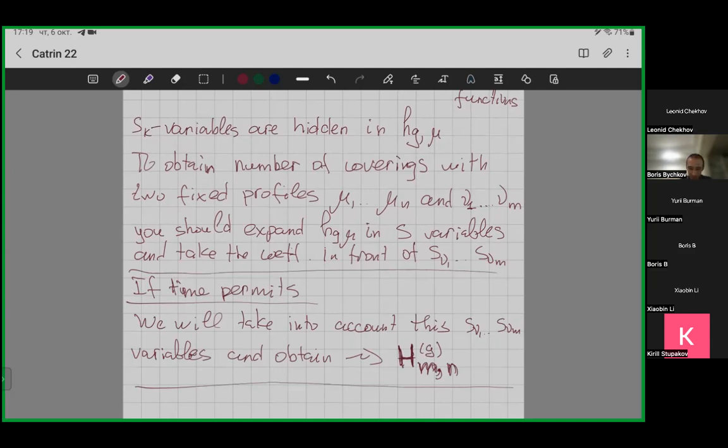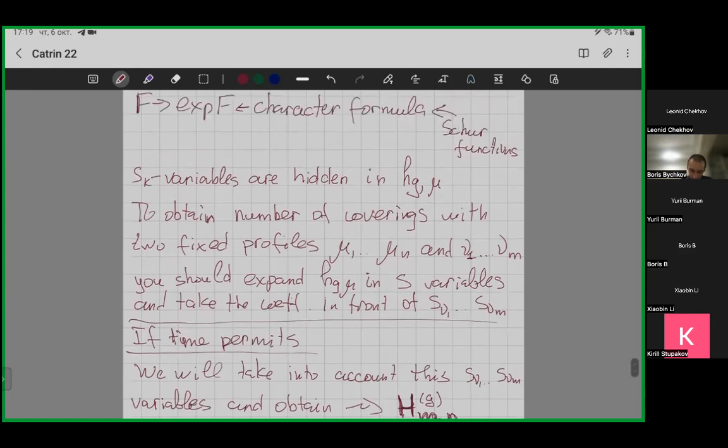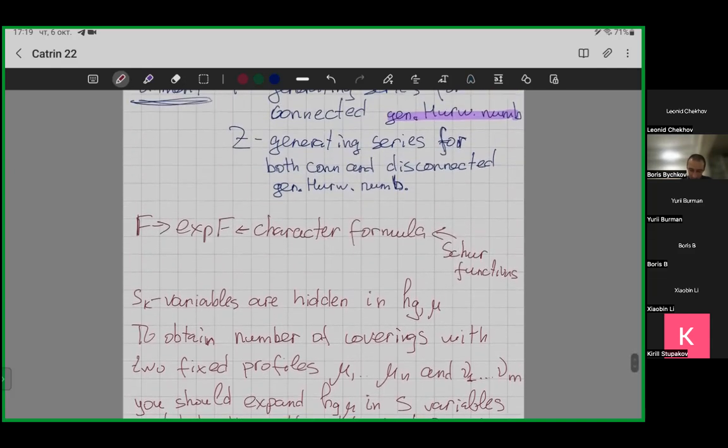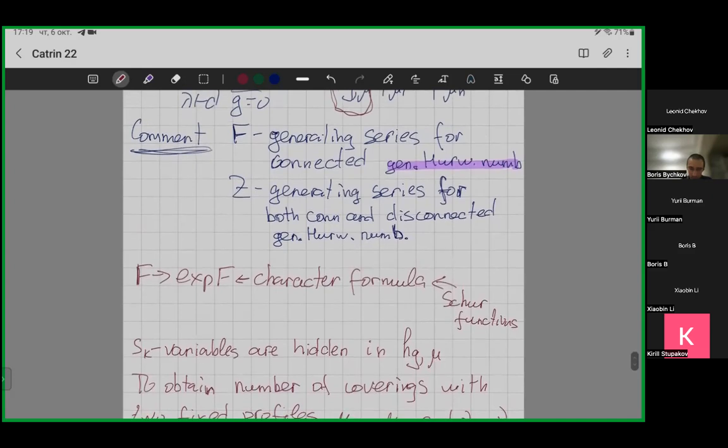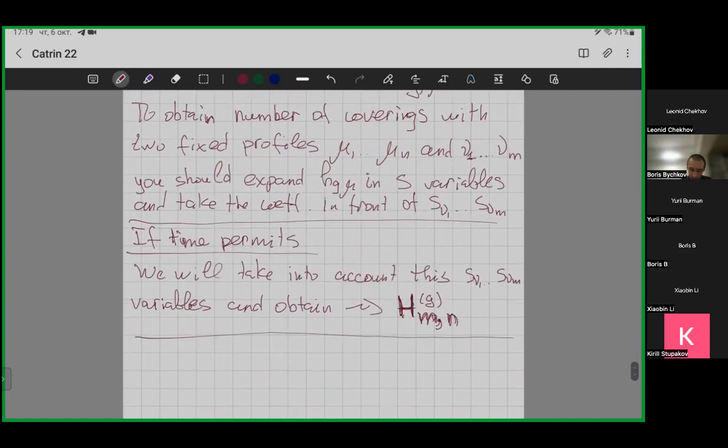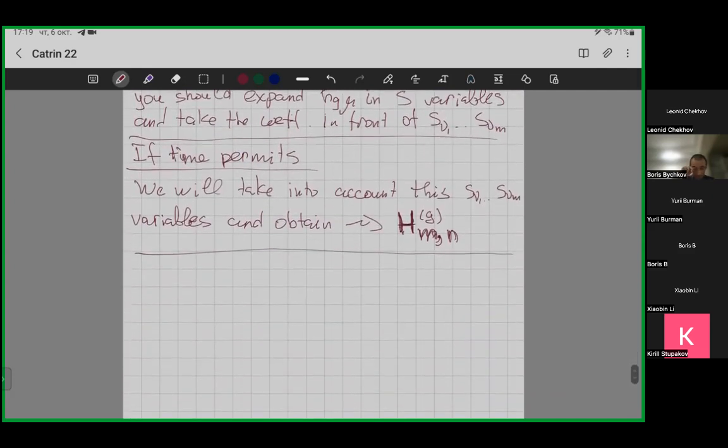Okay, now this is the setup for the Hurwitz numbers for this spectral curve.